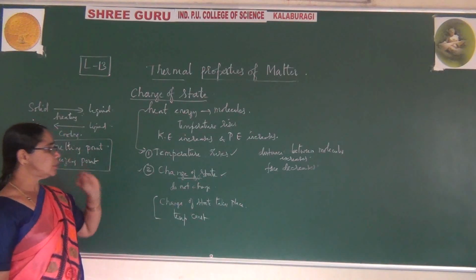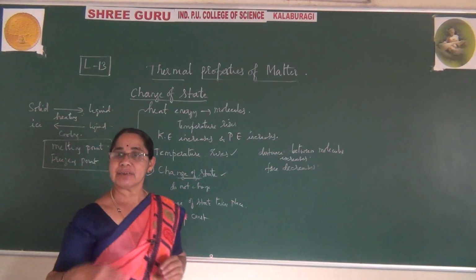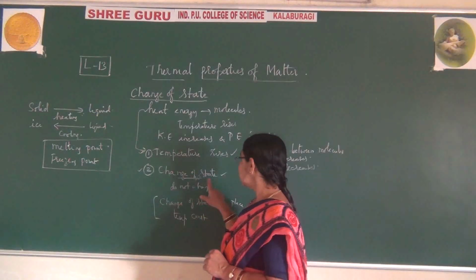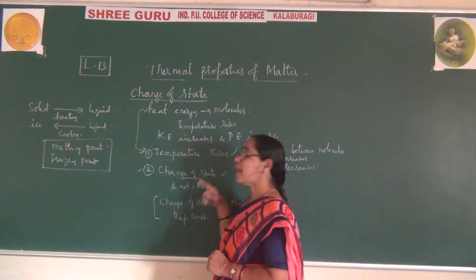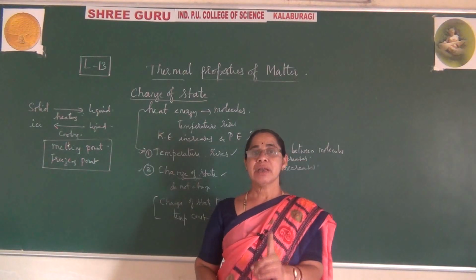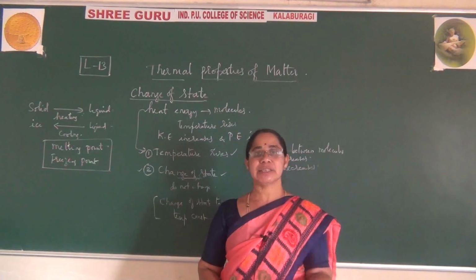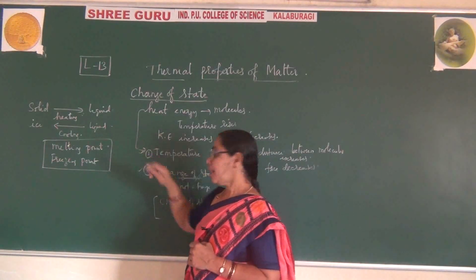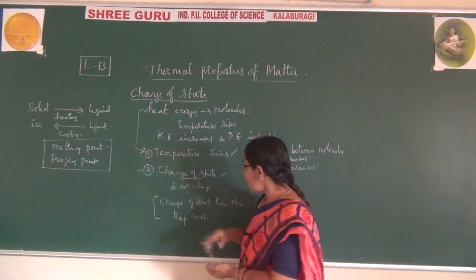So two actions take place as you supply heat: one is the temperature rising, the other is the change of state. But these two never take place at a time; only one is taken at a time, either the temperature rises or the state changes. For the solid to liquid, the temperature rises, but the state does not change.